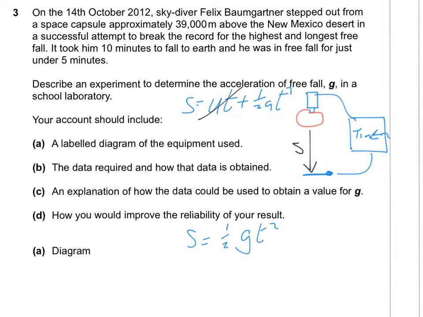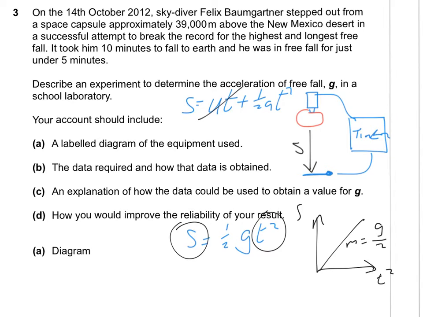So we're measuring this and the time, and since s is proportional to half g times t squared, you're going to want to plot s up the side, t squared along the bottom, and you'll get a straight line where the gradient here is equal to g over 2. And so you double your gradient to get the value for g.